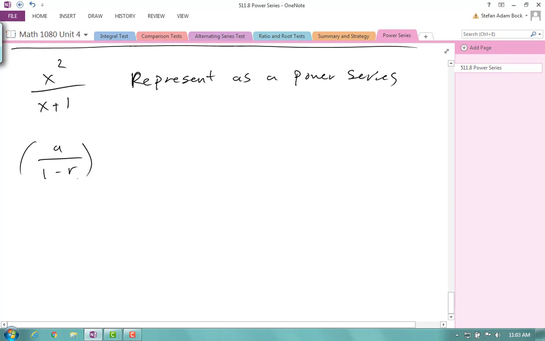But I don't quite have that because I have addition on the bottom, and I could probably keep the x squared on the top. That's just fine. So I'll rewrite it so I have a 1 minus. So this is x squared divided by a 1 minus, and that should be a negative x. Because if I simplify this, I'll have my 1 plus x again.